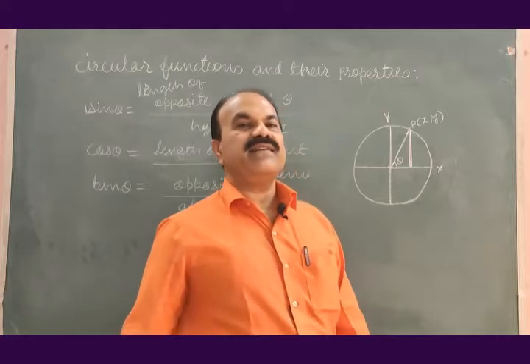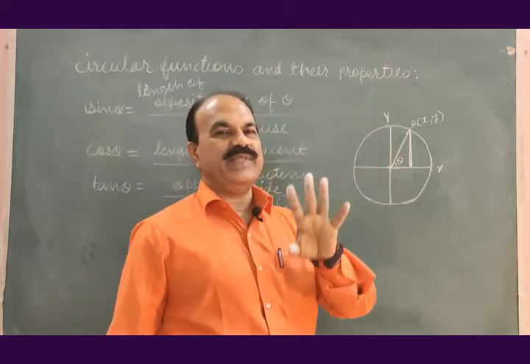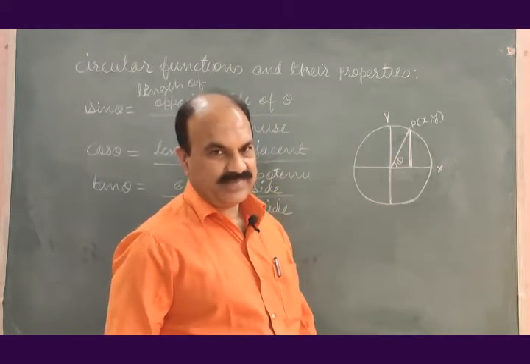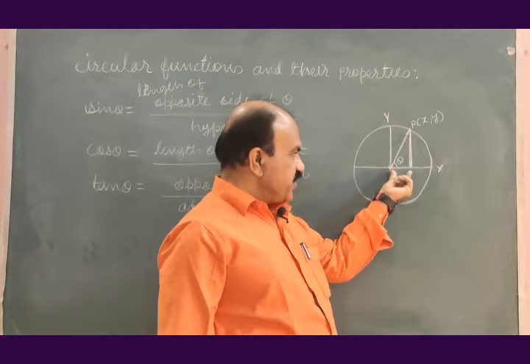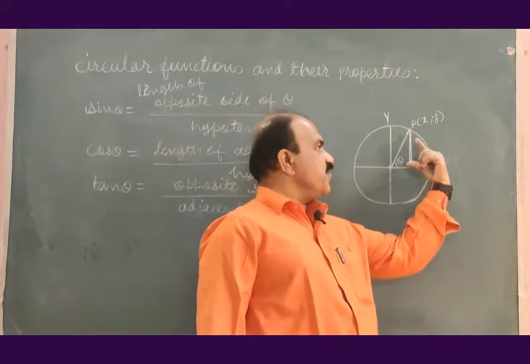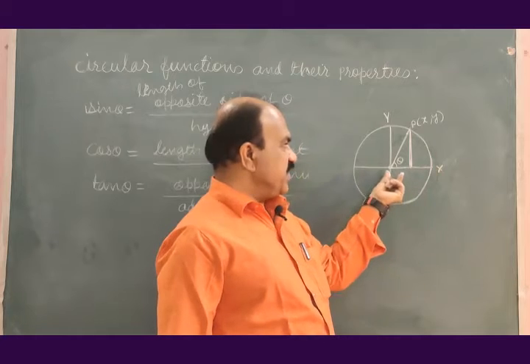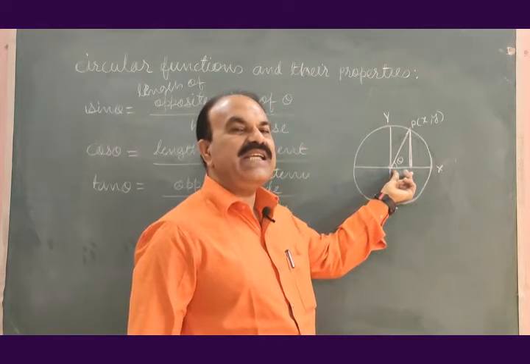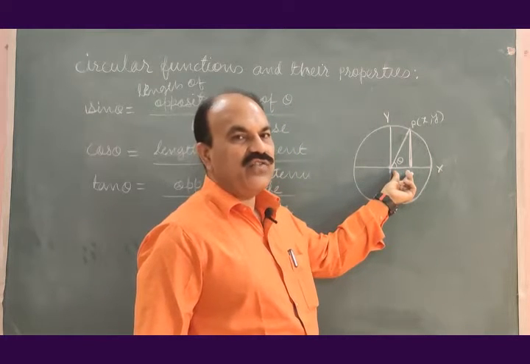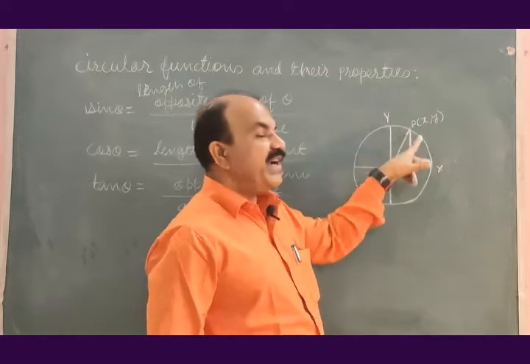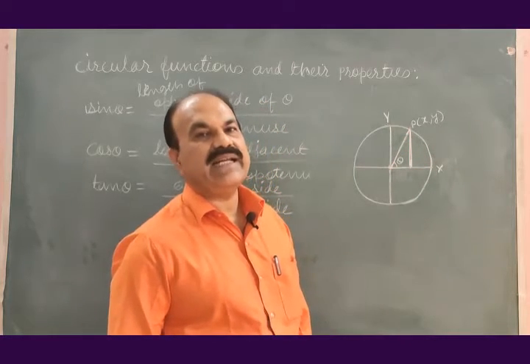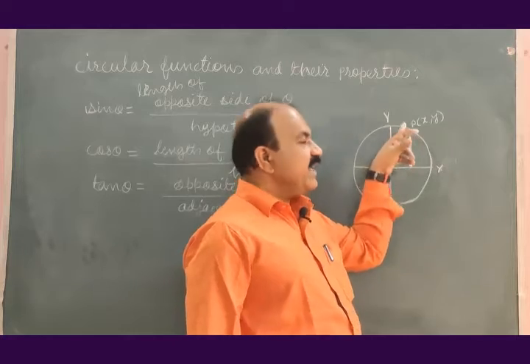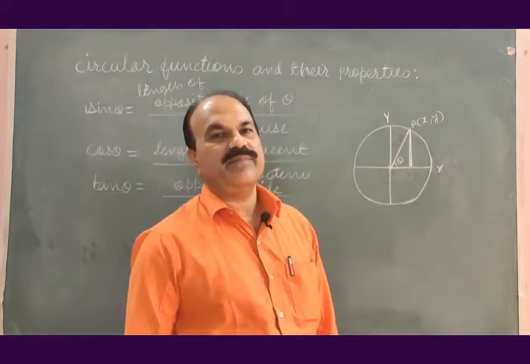The hypotenuse of the right angle triangle is a radius of the circle. This is known as one leg, this is known as the other leg. This is the horizontal leg, the vertical leg, and the hypotenuse of the right angle triangle.